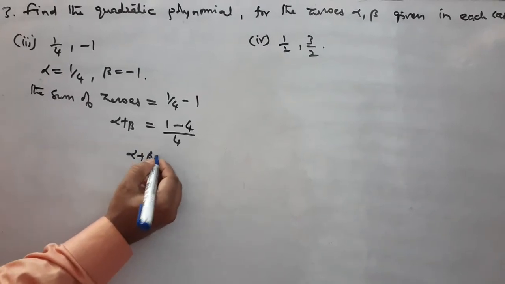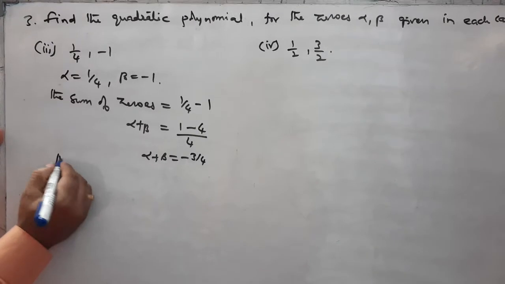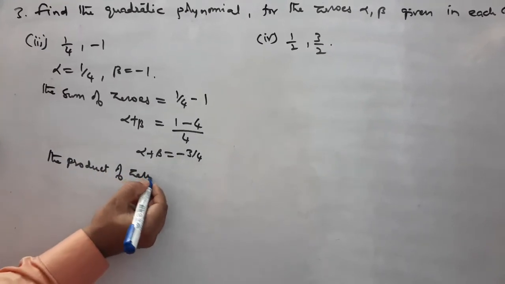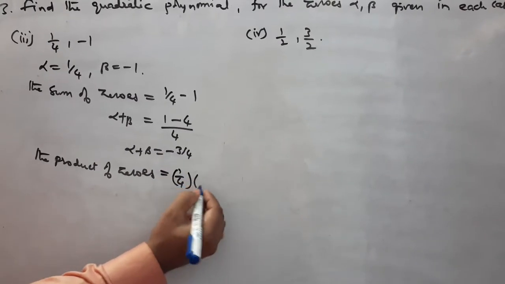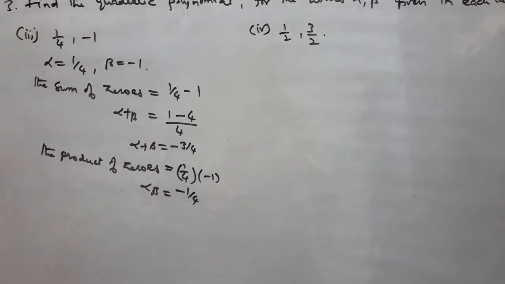So alpha plus beta is equal to minus 3 by 4. And the product of zeros is equal to 1 by 4 into minus 1. So alpha beta is equal to minus 1 by 4.